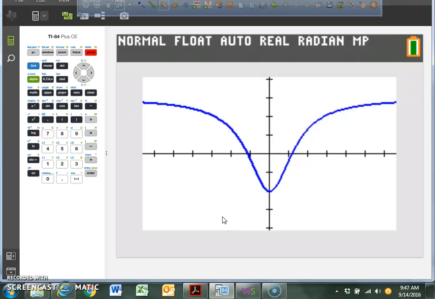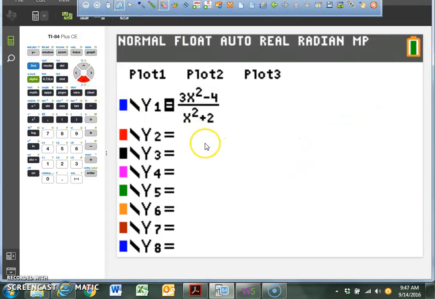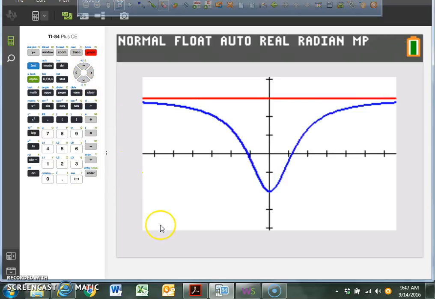Now, where did I say the horizontal asymptote was going to be located? At 3. So what I'd like you to do is type in y equals 3. Hit the graph.